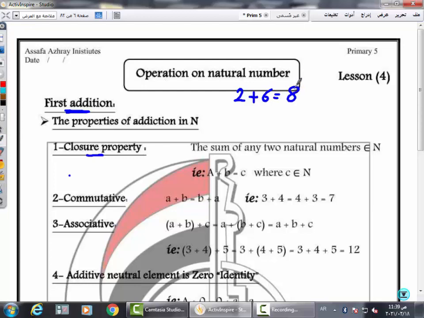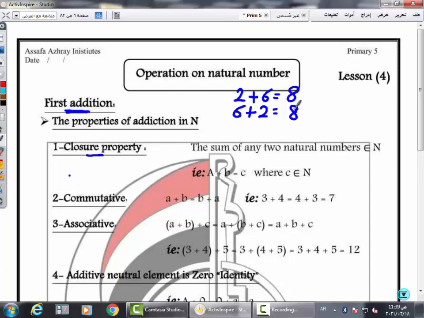If we want to make addition for 6 plus 2, 6 plus 2 equals 8 also. Okay? Then 2 plus 6 equals 6 plus 2 because the result of 2 plus 6 equals 8, and the result of 6 plus 2 equals 8.